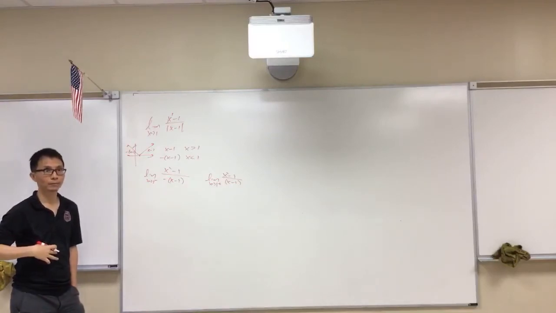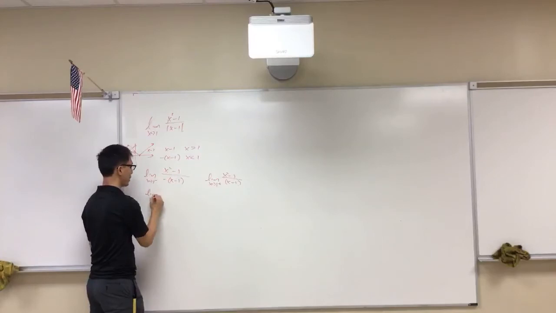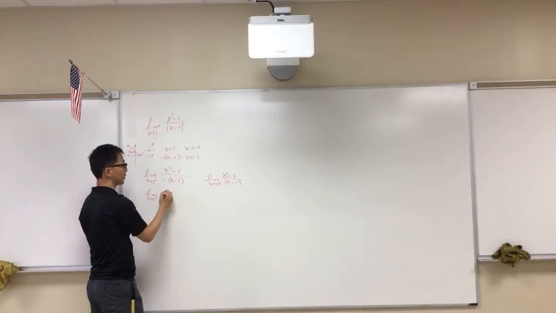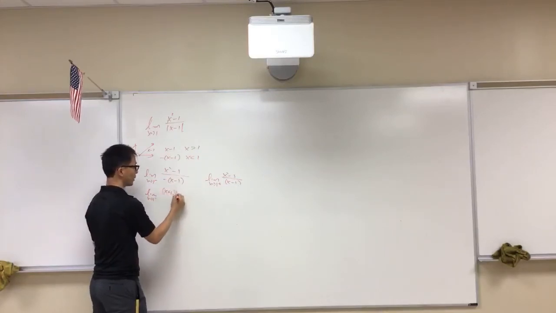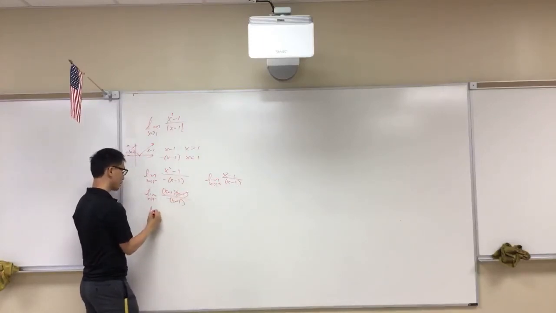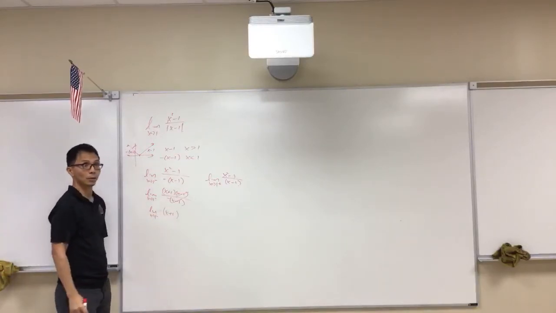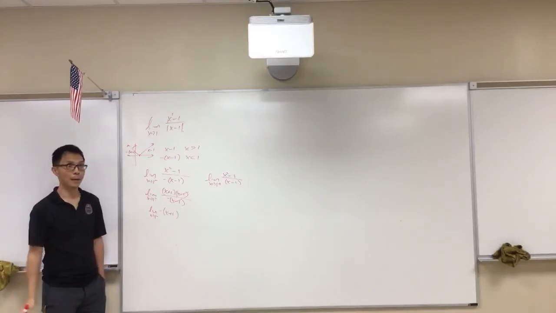Then what happens? If I have this x squared minus 1, as x approaches 1 from the minus side, that's going to be x plus 1 and x minus 1, right? And that's going to be the limit as x approaches 1 from the left side of x plus 1, negative. Still one-side limits.